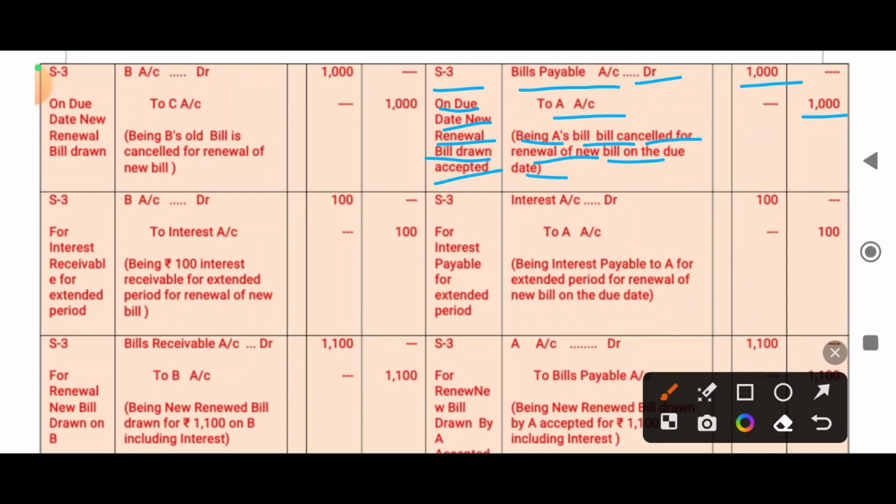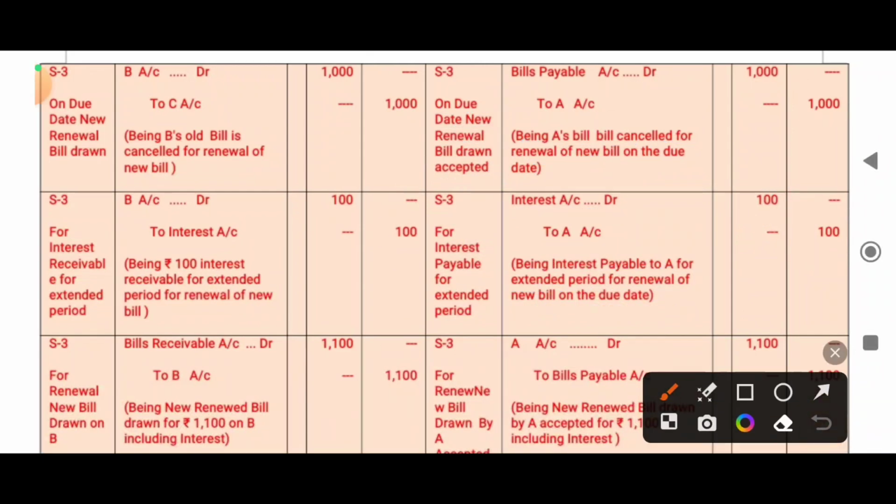Then next, in the books of B only, for interest payable, extra. So interest account debit to A account, the 100 rupees, being interest payable for extended period for renewal of new bill on the due date.